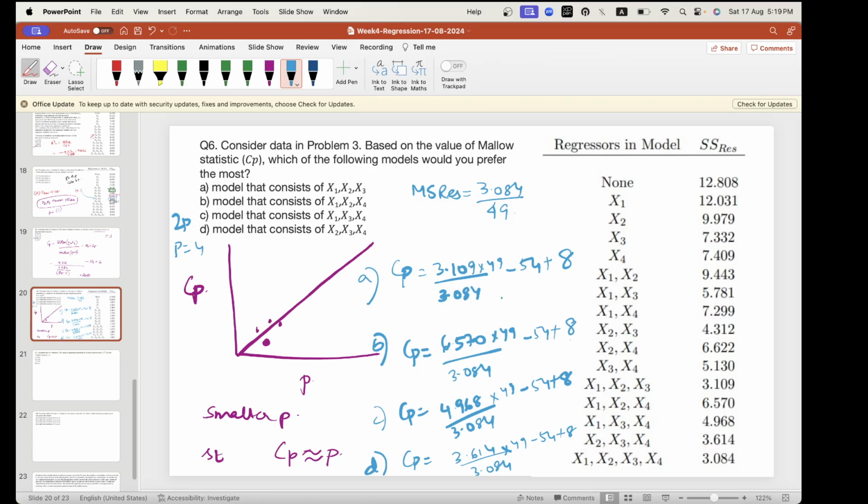The first one is 3.39. Second one is 58 point something, 38.